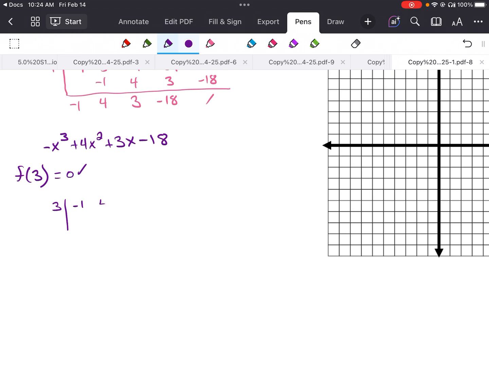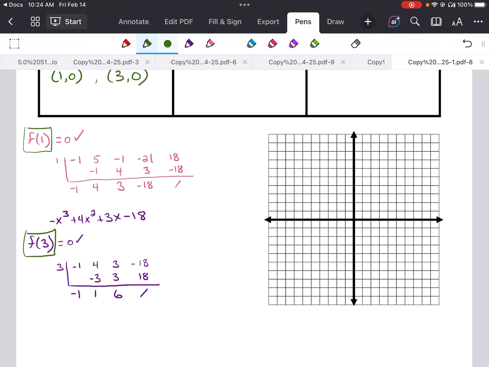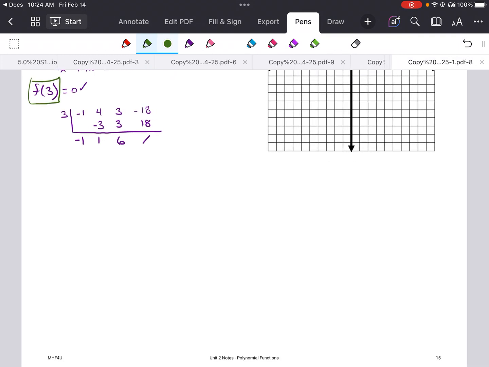So let's divide by 3. Okay, so now I've realized that 3 is a factor, so we can add that to our list of factors.